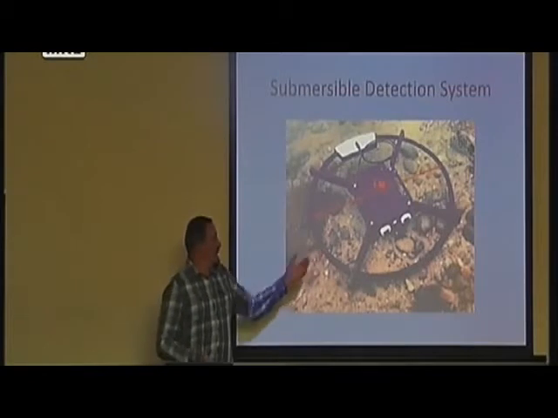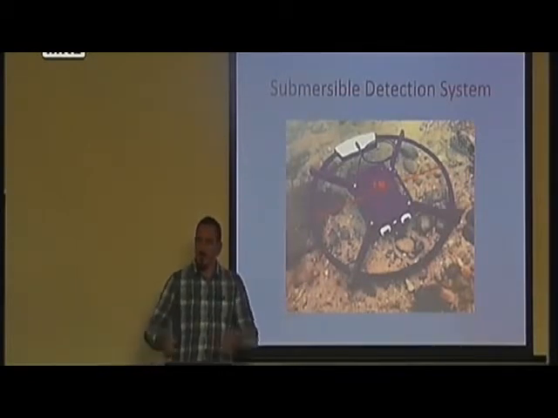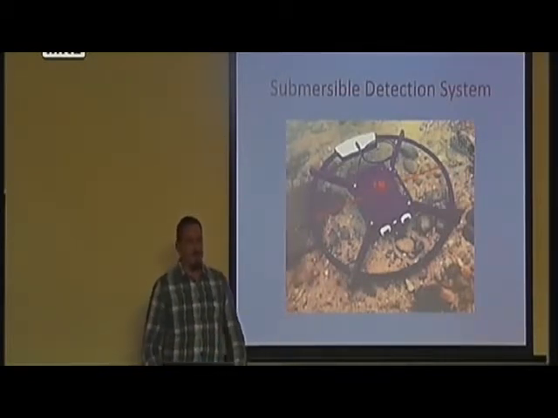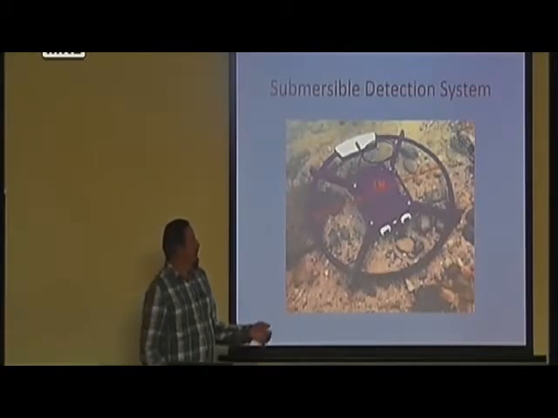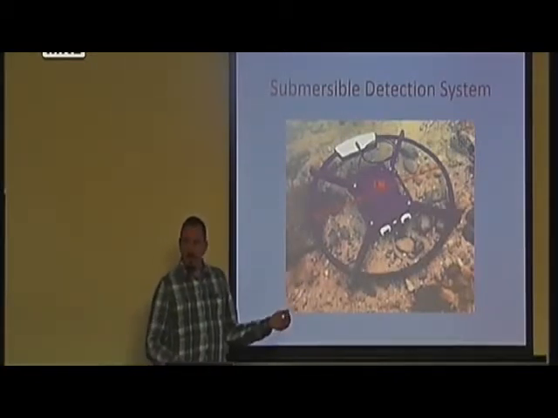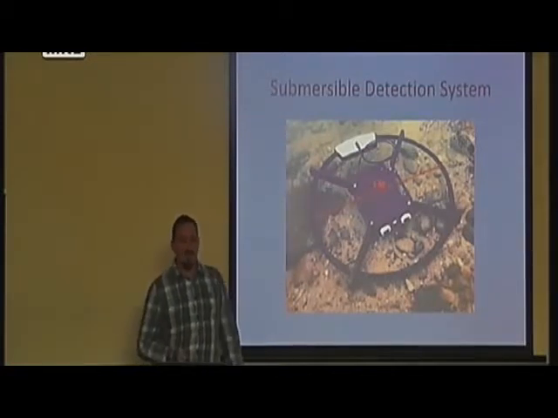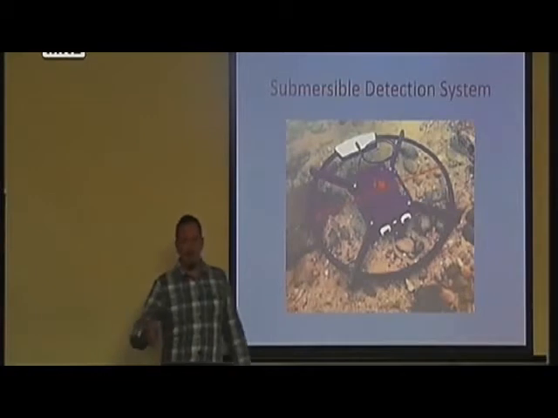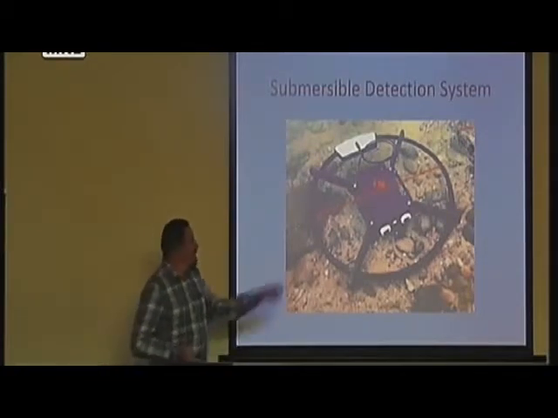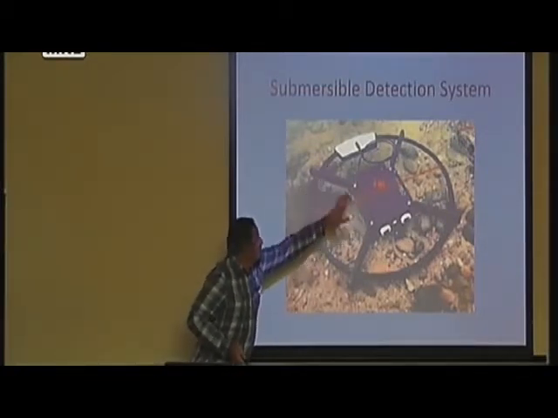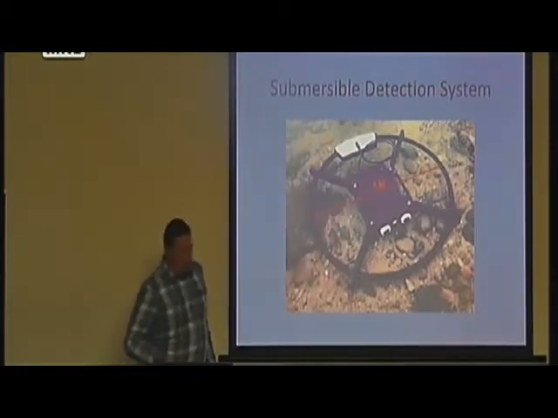You can take something like that that sinks all the way to the bottom. You can anchor it with sandbags or something at the bottom of the river or the lake or the pond. The battery, everything is down there. There's nothing out on the surface. It lasts about 3 weeks. Take it up and change the battery. Your reader is in here, your battery is in here, your entire system is right here.